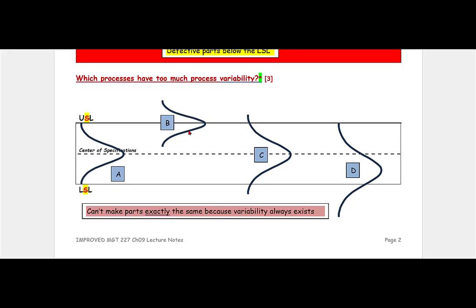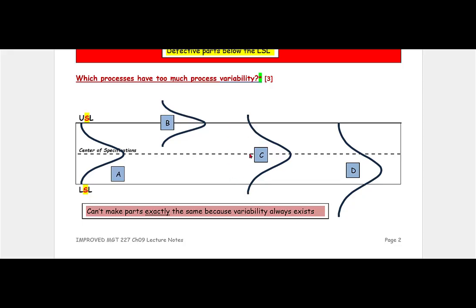This one you say, oh, this is bad, but it's really not, because again, for variability, it's just this distance to this distance. If we look at this distance compared to this distance, this is not as wide as this, so the process variability is fine. It's just where it is centered is the problem. This one, how does this distance compare with this distance?